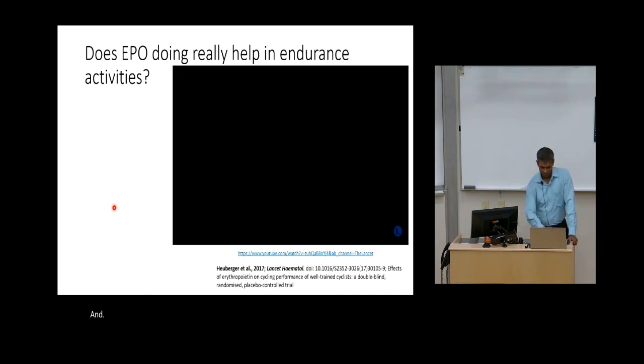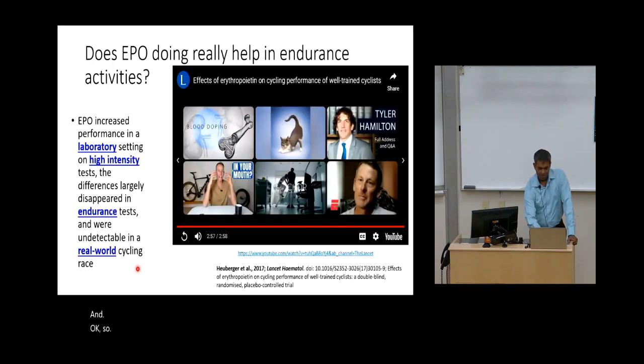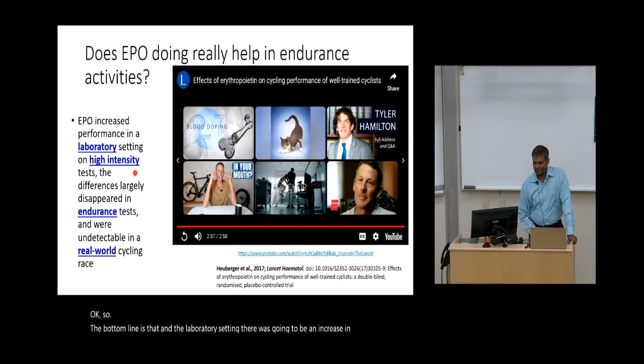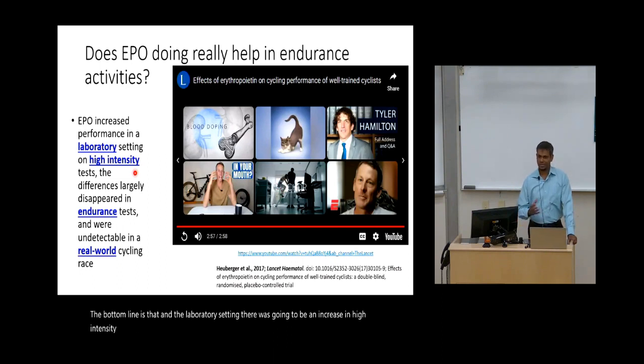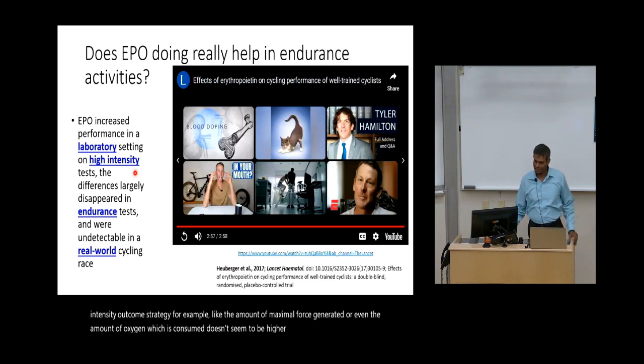Okay, so the bottom line is that in a laboratory setting, there was an increase in high-intensity outcomes, right? For example, the amount of maximal force generated, or even the amount of oxygen consumed, was higher when they did a high-intensity activity.